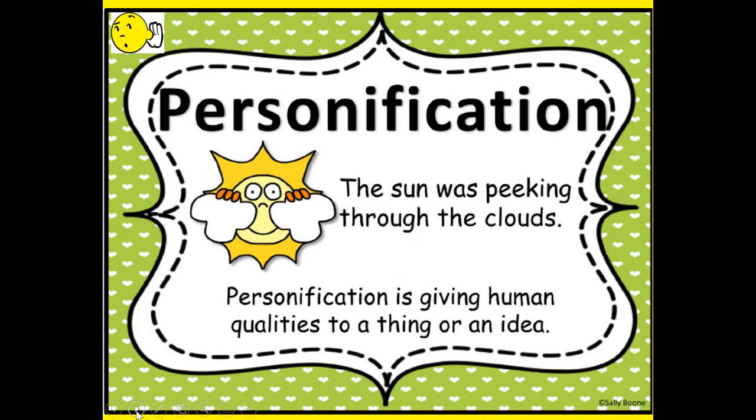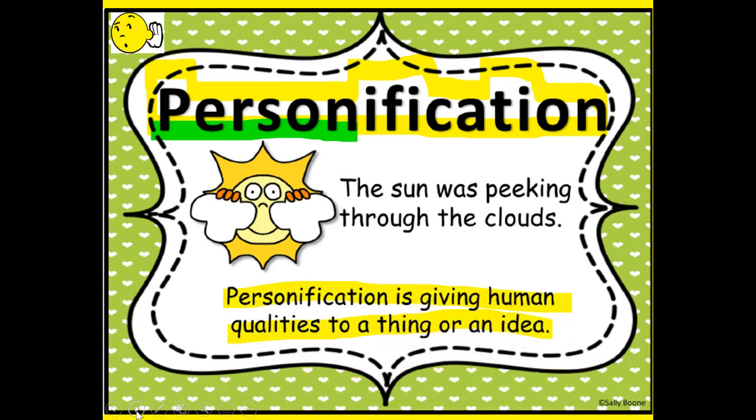Here's another type of figurative language, so listen. Personification. It has the word person in personification. That's a clue. Personification is giving human qualities to a thing or an idea. And again, it has the word person in it, which is a human.